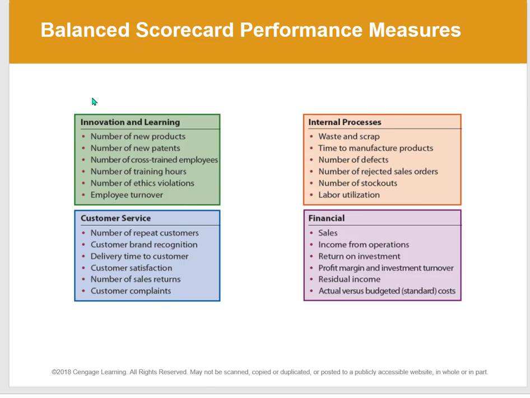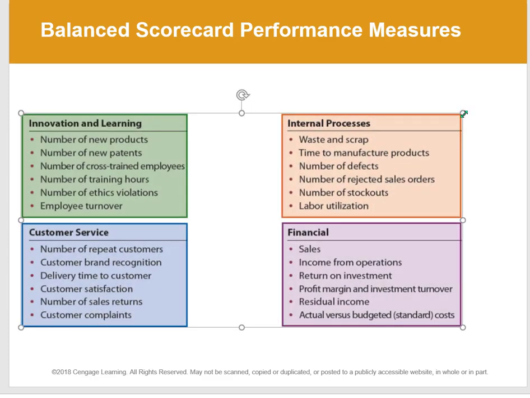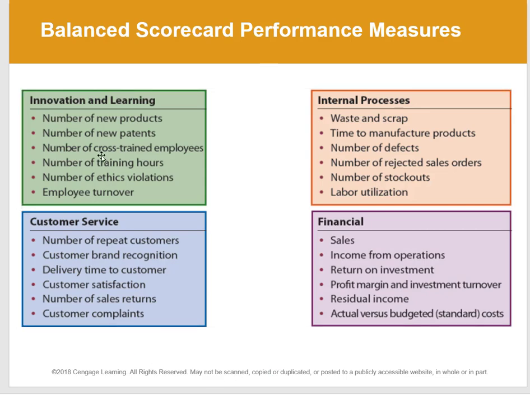So here are some of the balanced scorecard performance measures. Boy, I would like you to really look at these and get this in your head. Sometimes they're difficult to see in a multiple choice question, so we'll really have to practice this. But innovation and learning is new products, new patents, cross-trained employees, training hours, the number of ethics violations, employee turnover.